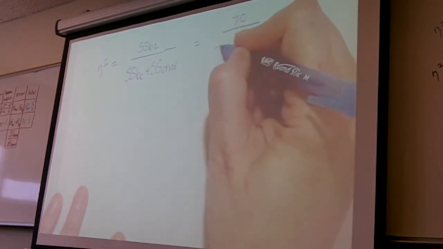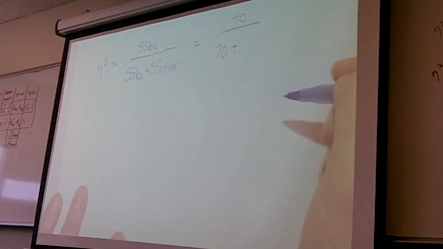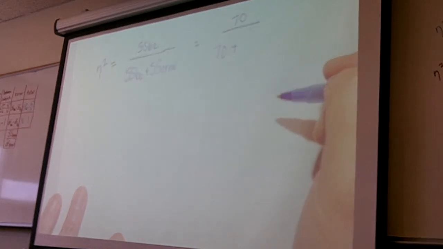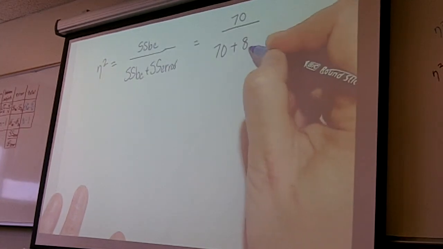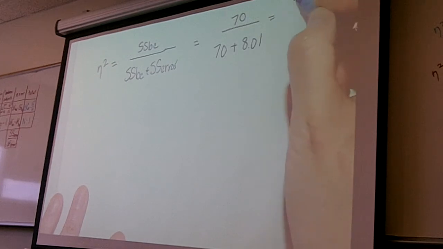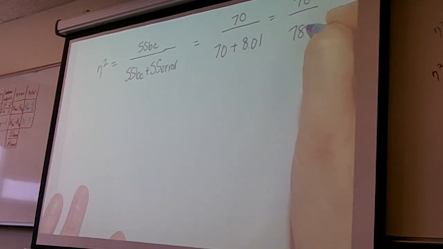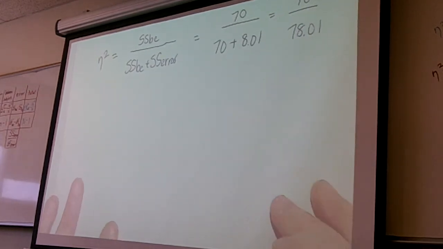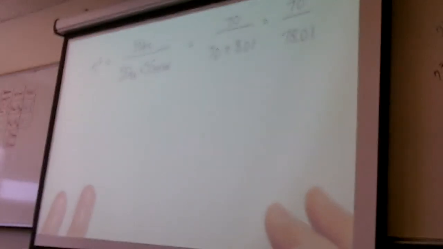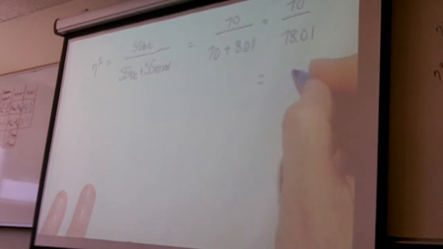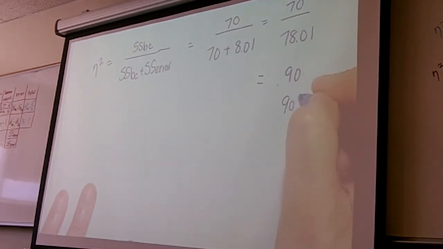Okay. Over 70 plus, what was our sum of squares error? 8.01. Okay. So it's going to be 70 over 78.01. And what does that come out to? 0.90 or 90%?